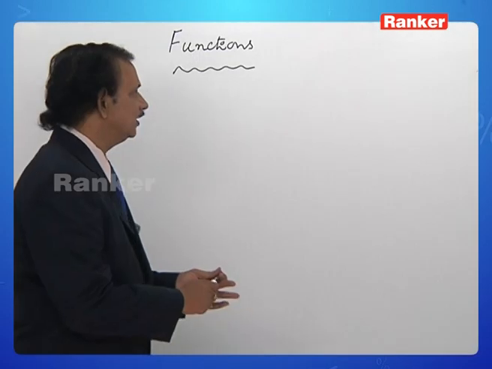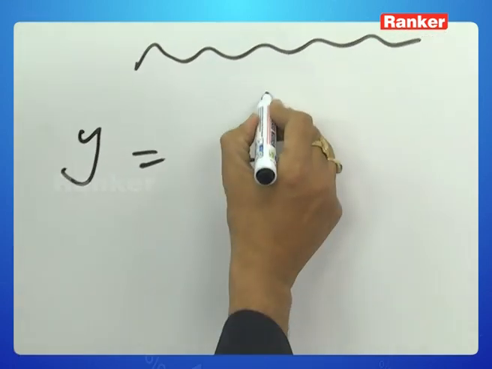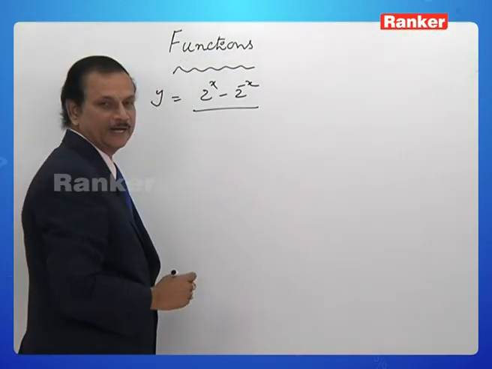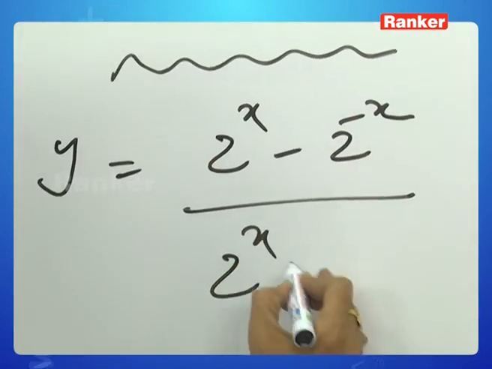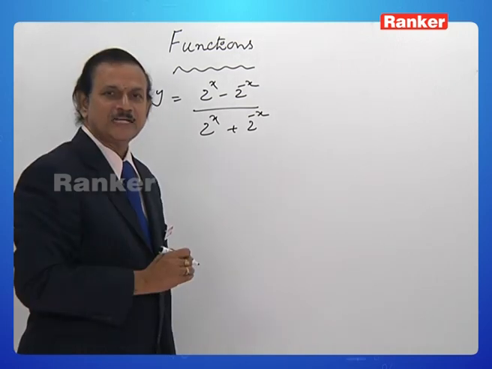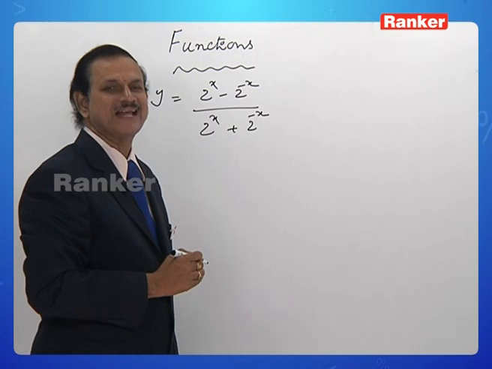Let us observe the nature of this y. y is equal to 2 power x minus 2 power minus x by 2 power x plus 2 power minus x. Let me multiply both numerator and denominator with 2 power x.